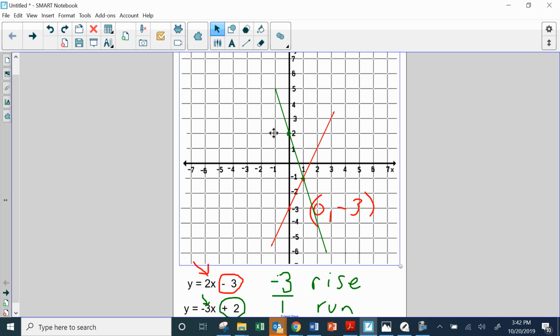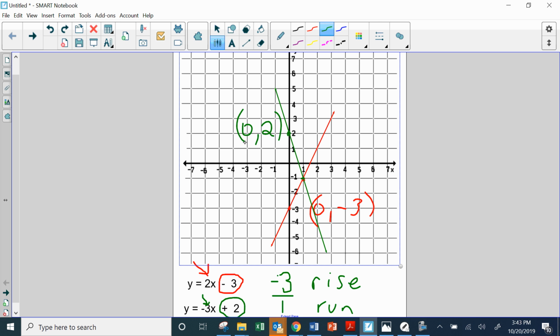So this point over here was 0, +2. That was the y-intercept for the other line.